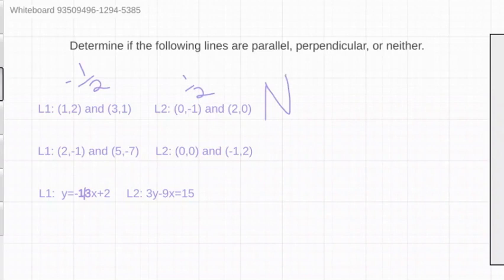Over here, line 1 slope is negative 2, and line 2 slope is also negative 2, so they are parallel. And down here, line 1 slope is negative 1 over 3, and line 2's is 3. So the slopes are perpendicular.